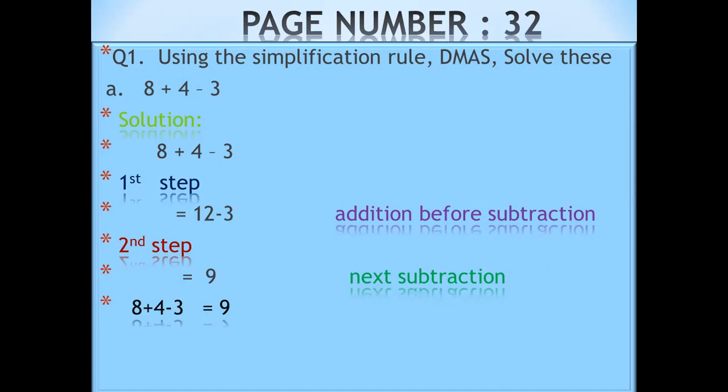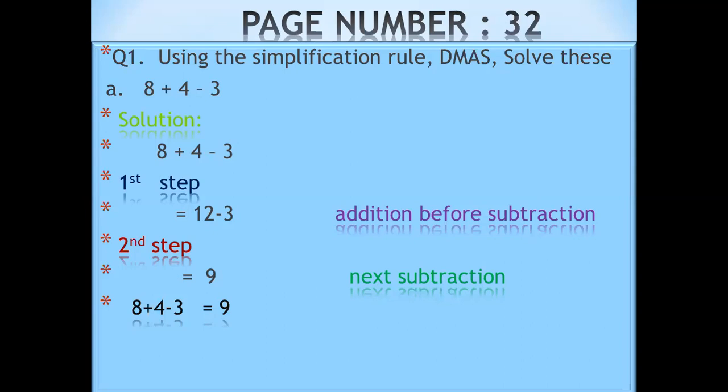Now you see that 2 operations, plus and minus, are both given at a time in one question. So according to the rule, we see which operation we do first and which one will be the second one. I did the first step, 8 plus 4, because according to that rule, addition will be before subtraction.